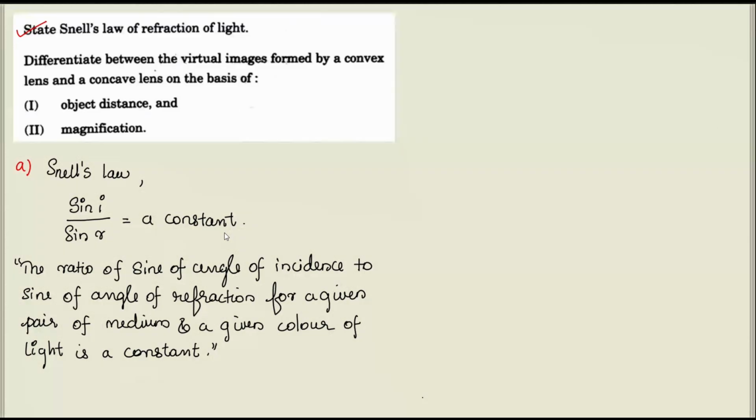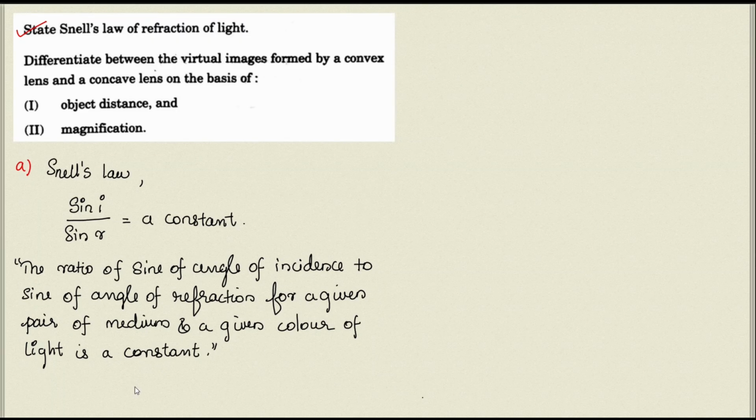Likewise, for a particular pair of media, if we consider the transfer of light from air to glass, its refractive index will be different when we are considering the light ray traveling from glass to water or water to glass, or kerosene to glass or air to kerosene.